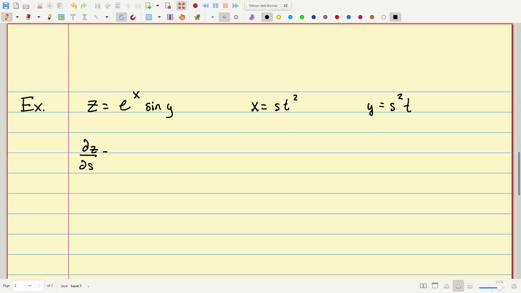So partial z, partial s is going to be given by the partial derivative of this expression with respect to x. So it's just going to be e to the x sine y.